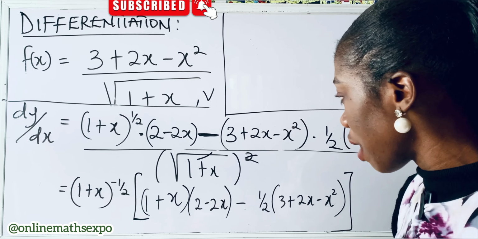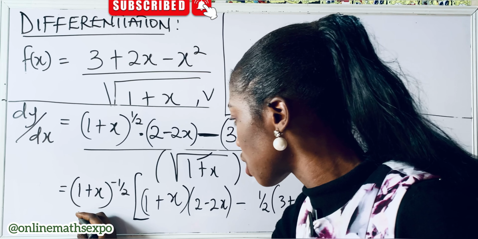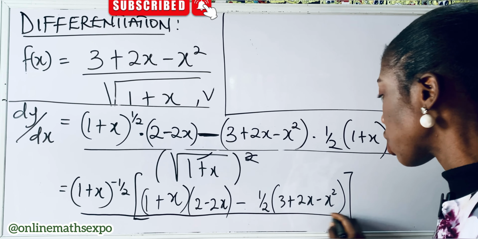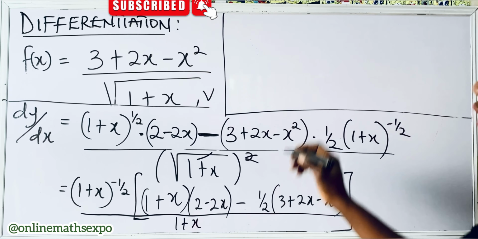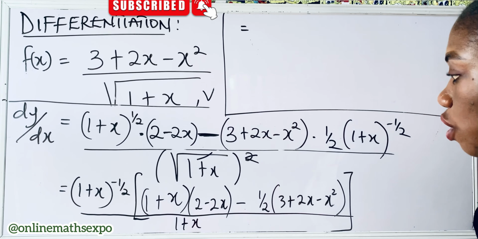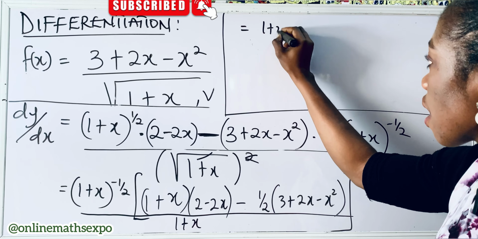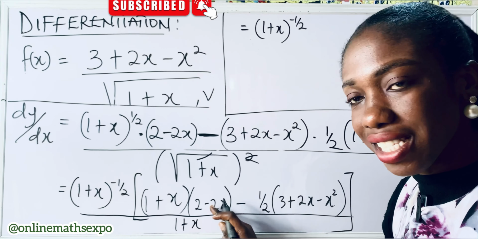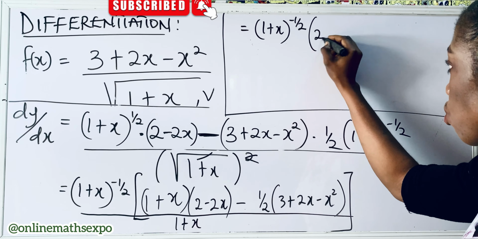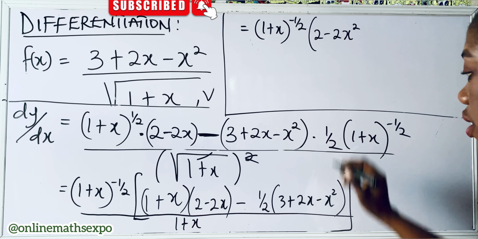At this point, remember, you are still left with this denominator, which is 1 plus x. So we can now conclude to have 1 plus x to the power of negative half. If you expand this, it is going to give you 2 minus 2x squared.